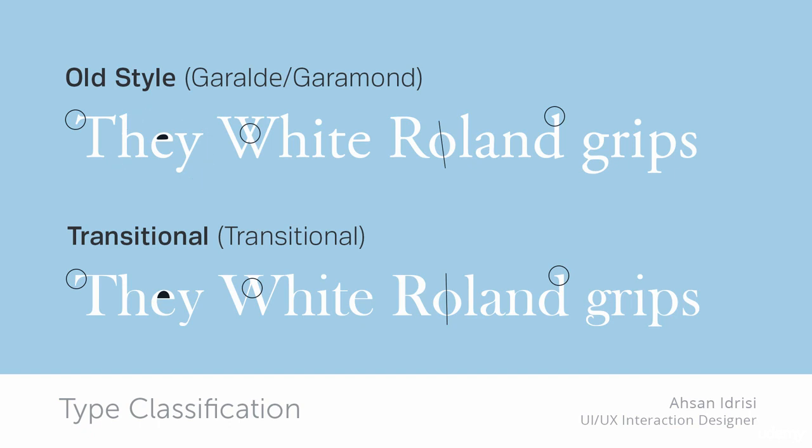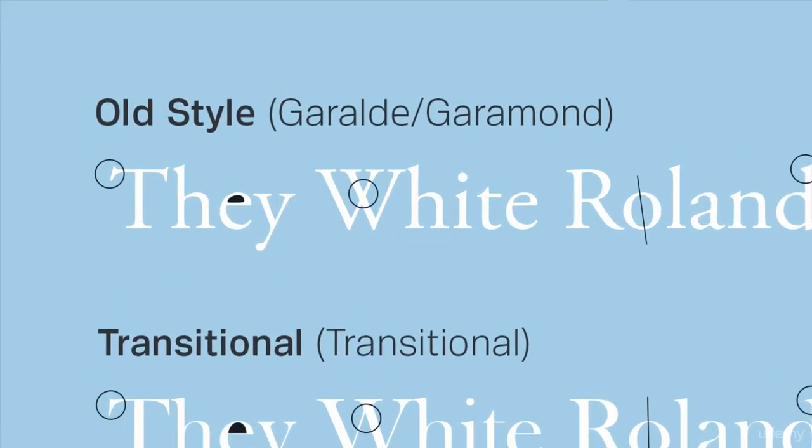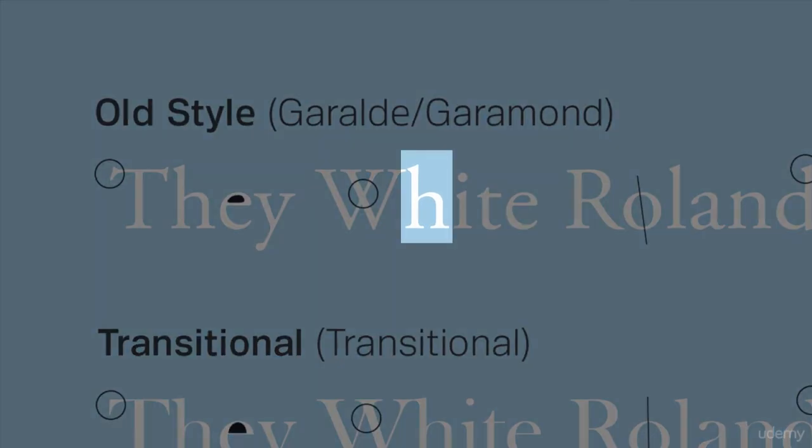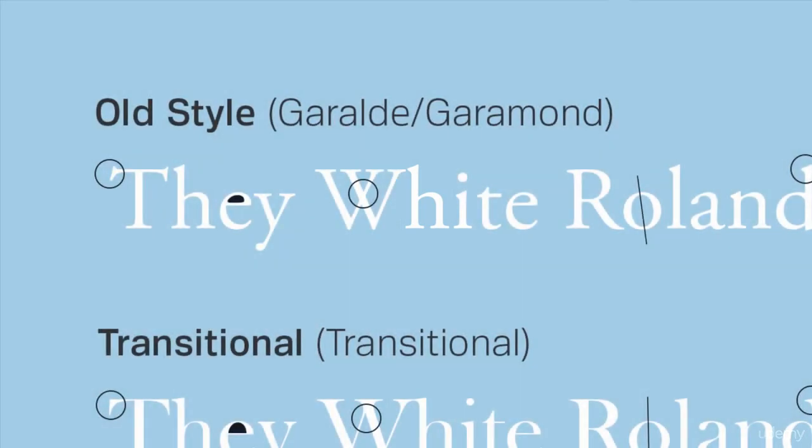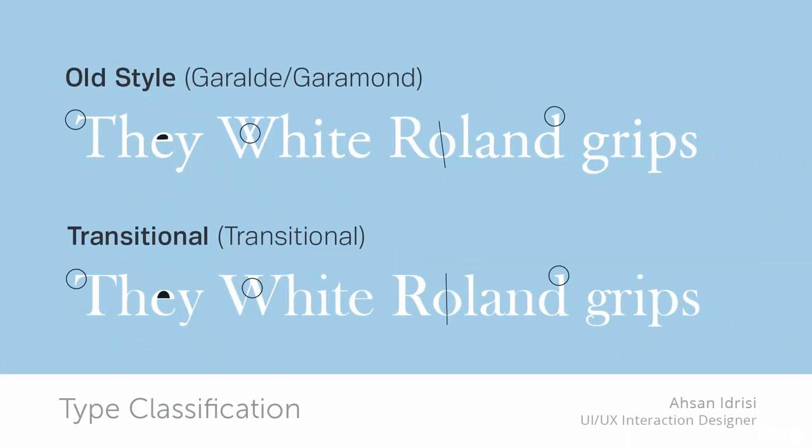Then at the top of the T, you can see the serifs or beaks are somewhat slanted. And if we look at the serifs at the end of the H letter, they are not totally straight, they are a bit curvy. This is all about old style.